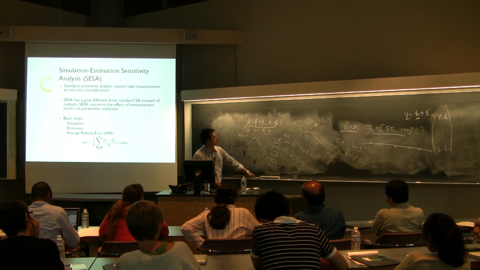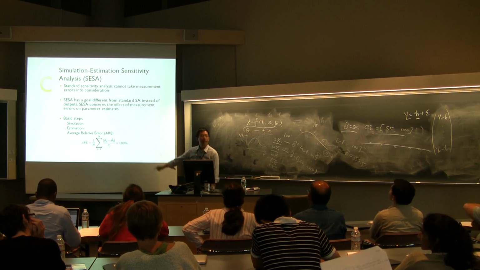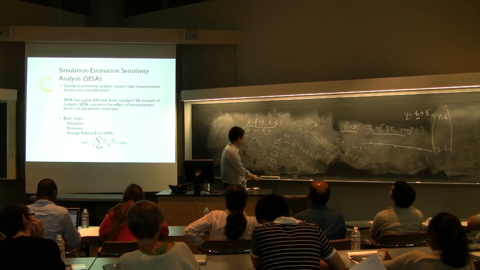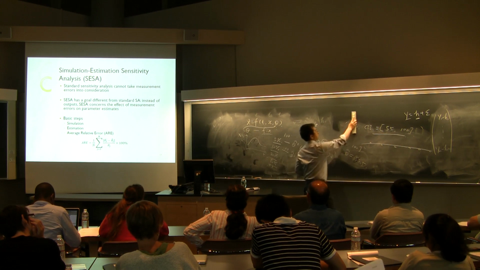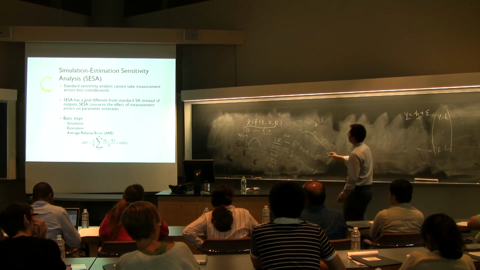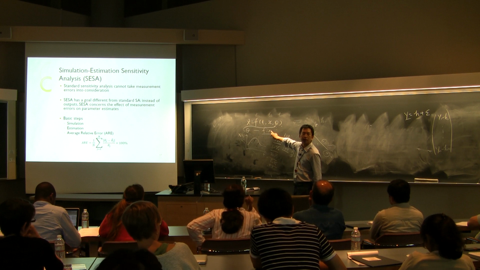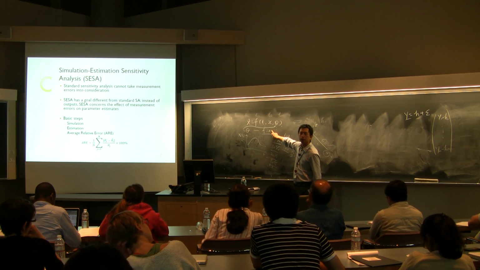Now, for each level of noise, I can calculate the ARE. So what is ARE? We already have the value of theta from the literature, whatever. We treat that as the true value.